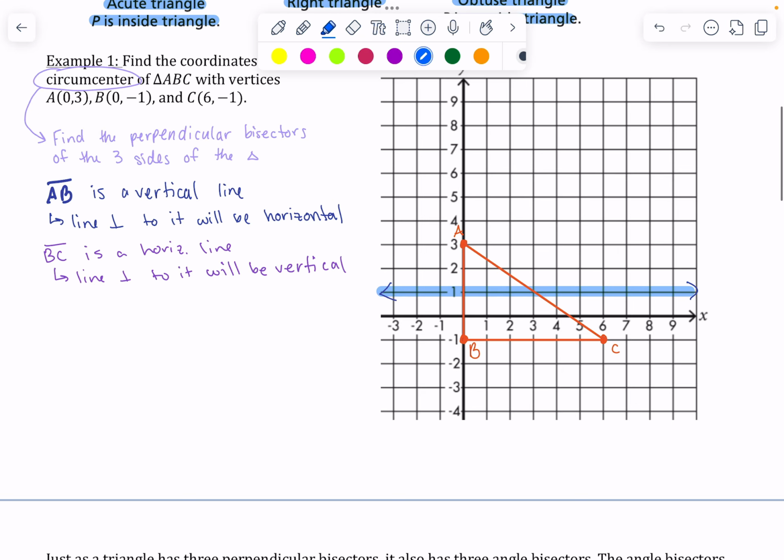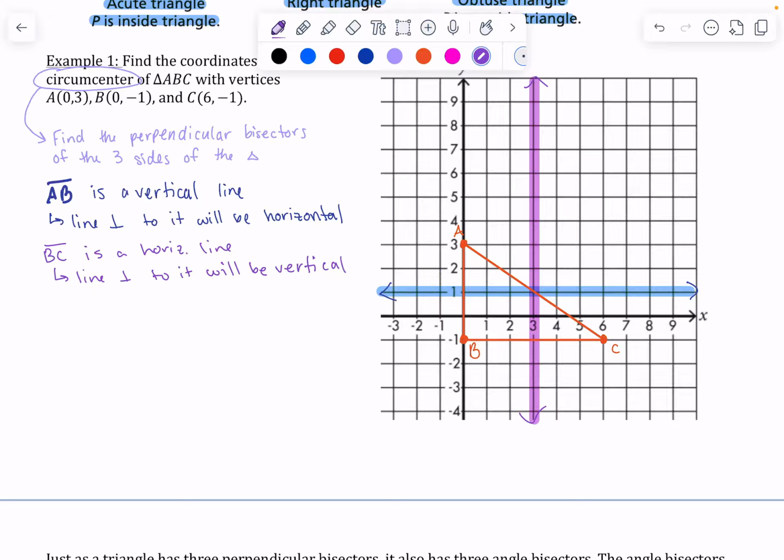Okay, so again, when I draw that line, I could draw it here, here, and so on, but I need it to be halfway. So BC is 1, 2, 3, 4, 5, 6 units long, which means the line perpendicular to it is going to go right here, because that's exactly halfway.